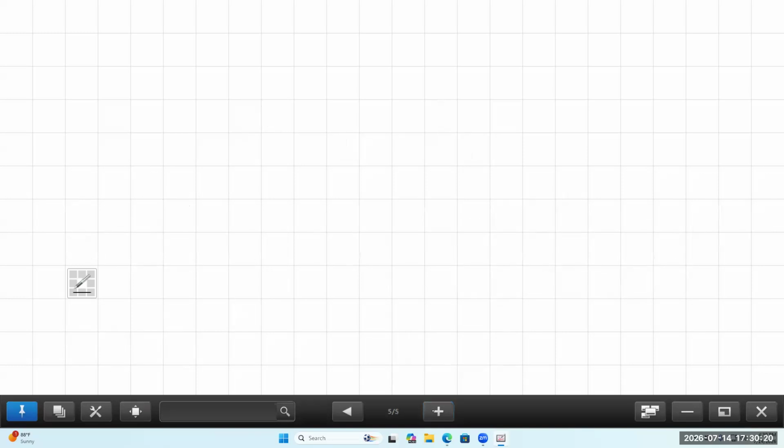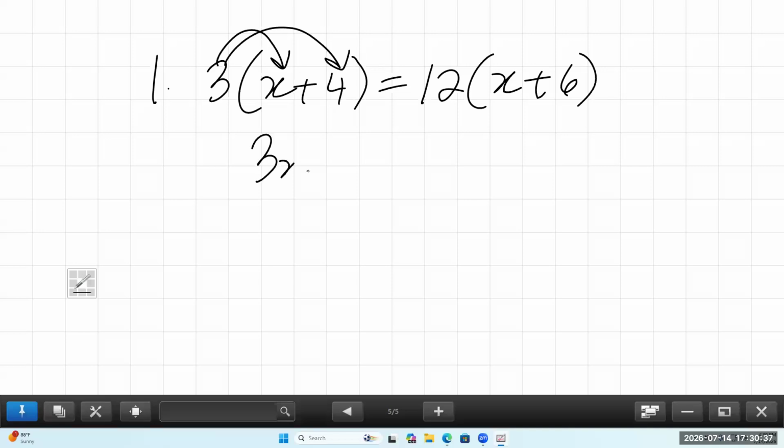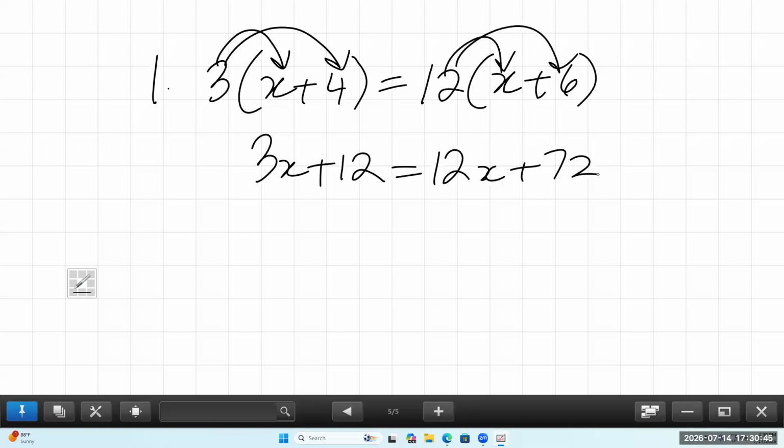That leads me to a question we should probably answer. But before we do that, let's look at a couple of examples of just equations. If we have a situation like this, we distribute the 3. We have 12x and 72.